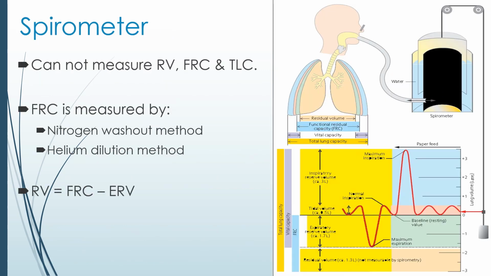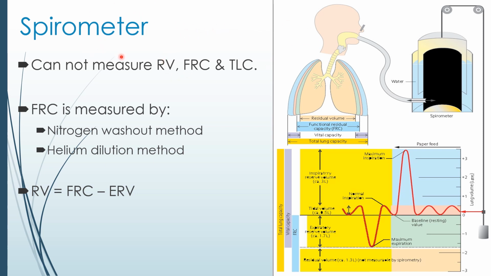The spirometer cannot measure the residual volume, the portion of air which is not used in the lung. Functional residual capacity and the total lung capacity also cannot be measured using the spirometer.